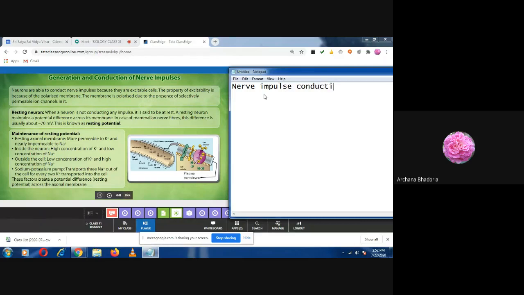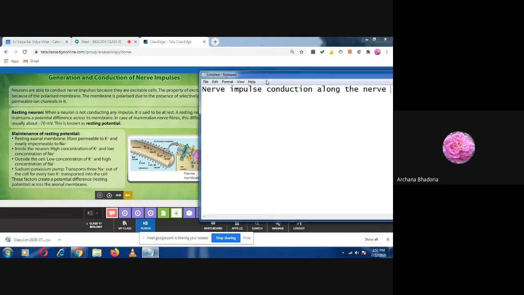Nerve impulse conduction along the nerve fiber. Now it involves three steps.